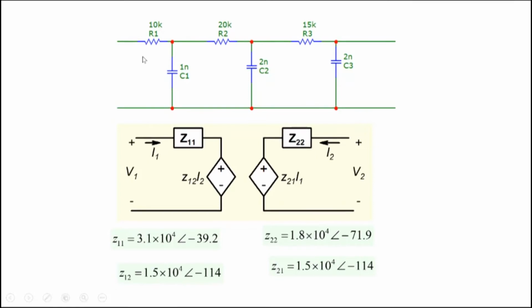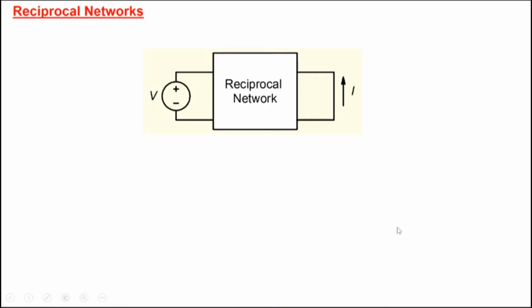And note that for this particular circuit, Z12 is nothing but the same as Z21. In general, if you don't have any dependent source in a piece of circuit, you will always find that Z21 is equal to Z12 here. And such networks are called reciprocal networks.